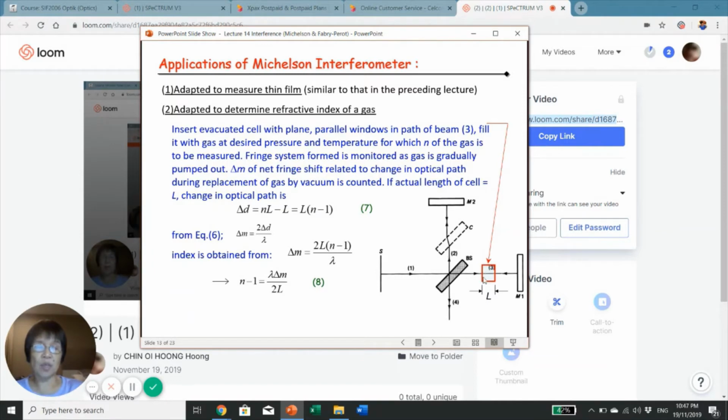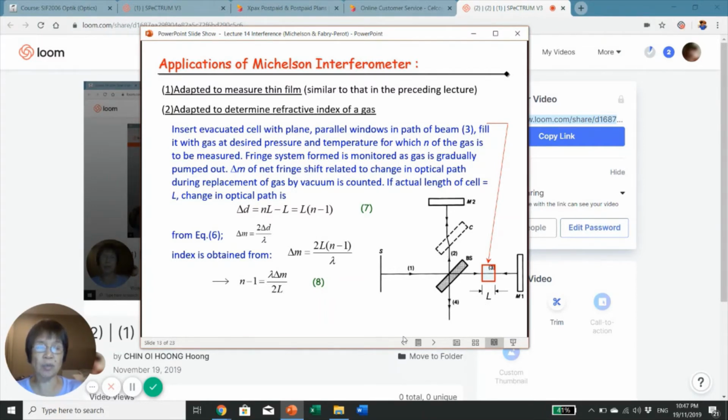We insert a cell that contains gas into one of the arms, so there is a change in the optical path. That change will be equal to the optical path length when the gas is there, minus the distance when the gas is not there, which is basically just L. So this will be the change.